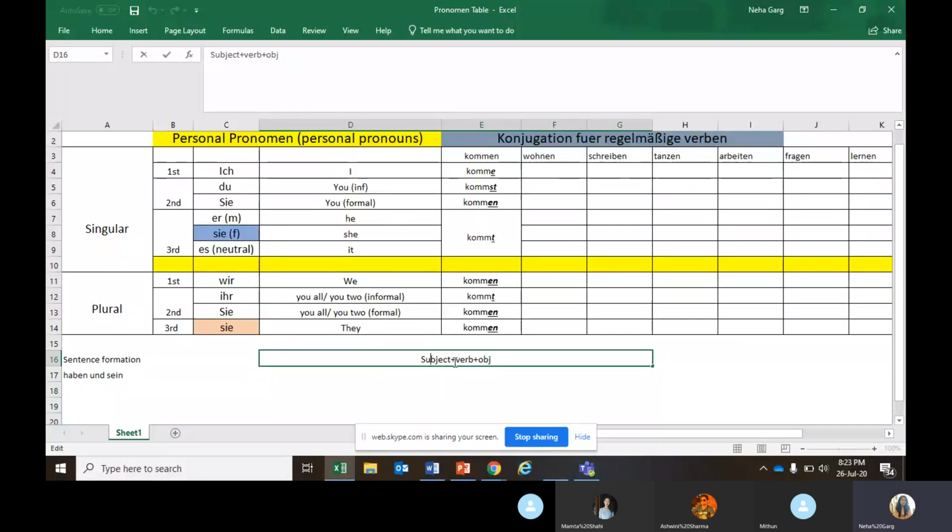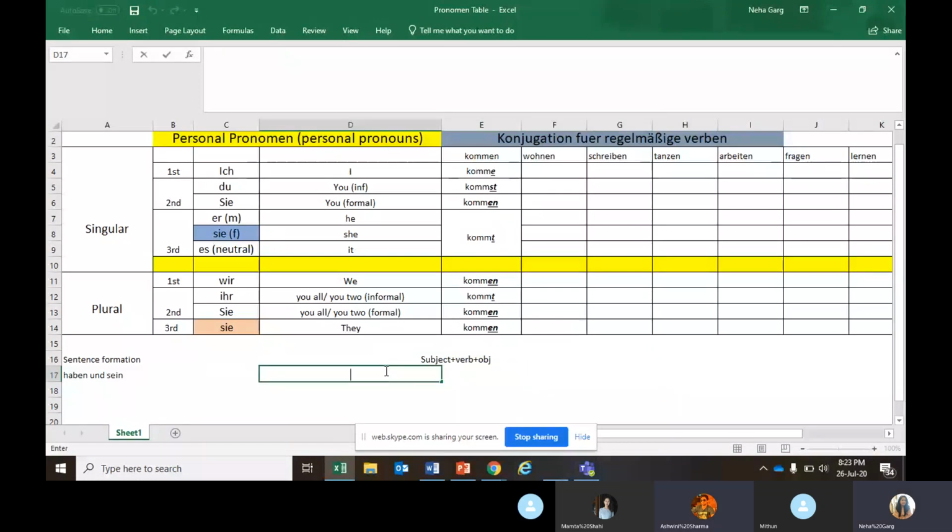But basis the subject, we would be conjugating the verb. For example, if you remember, yesterday we learned that while giving an introduction, you mentioned ich komme aus Indien. I come from India. So ich is the subject, then komme here is the verb, and basis ich, you have conjugated it.